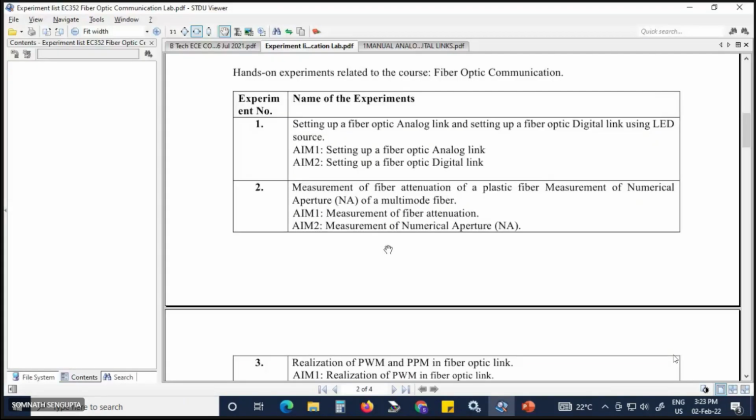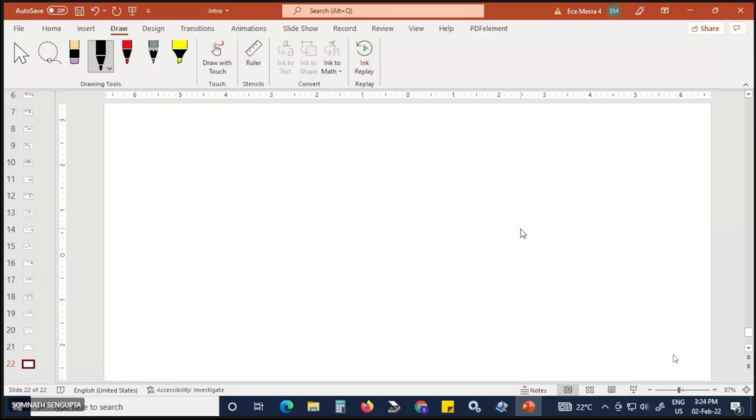Then for the second experiment, you have to calculate the numerical aperture. In that experiment, you use a light source, and this light source is coupled to an optical fiber.